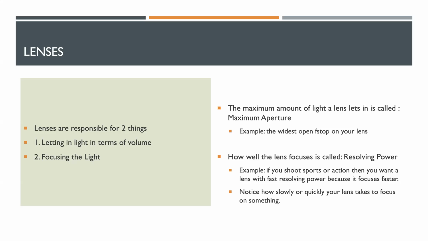It really takes a lot of cash to get a really fast lens, a lens with a really wide open maximum aperture and a fast resolving power. It'll put you back about $1,800 to $3,500 on one of those kinds of lenses.